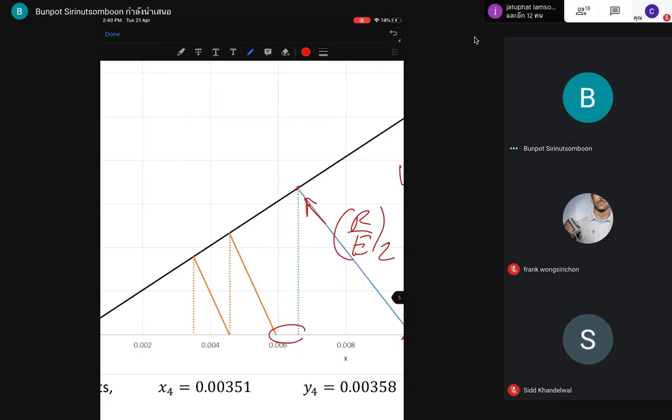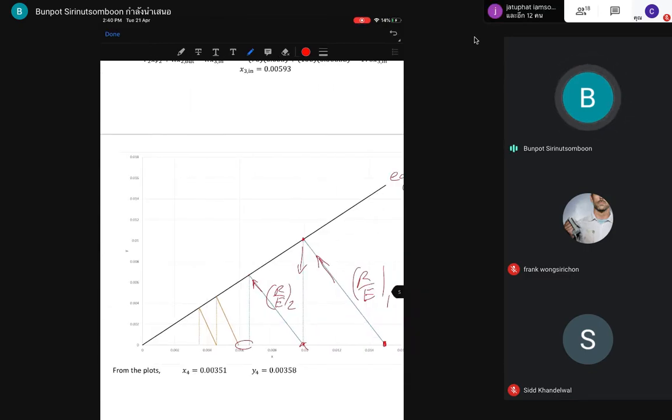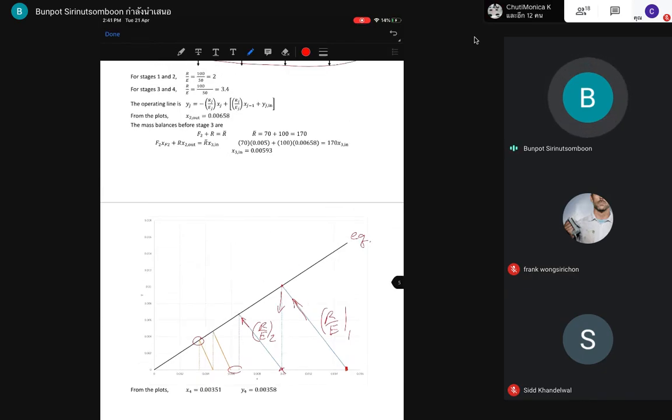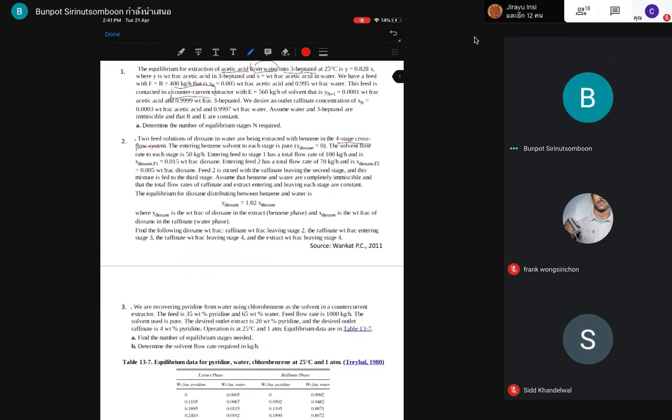So in the end, it shifts the graph, and from the graph you can find the answer for this problem, because the problem also asks for the raffinate fraction leaving stage 4 and the extract fraction leaving stage 4.